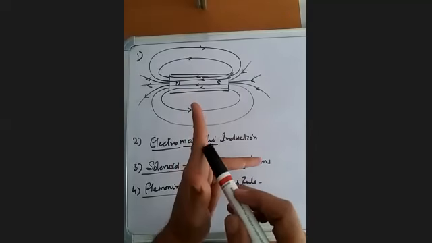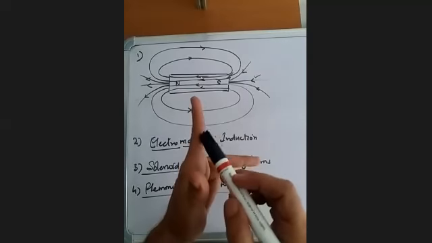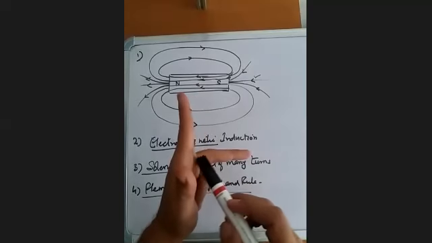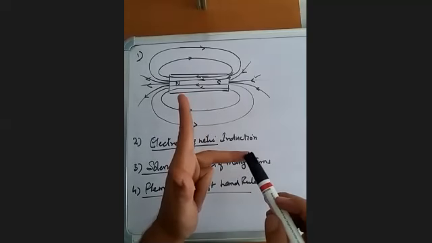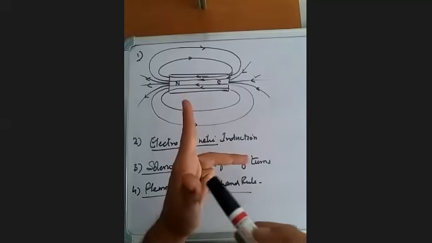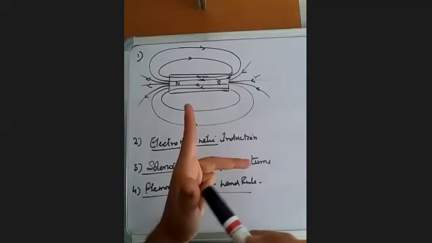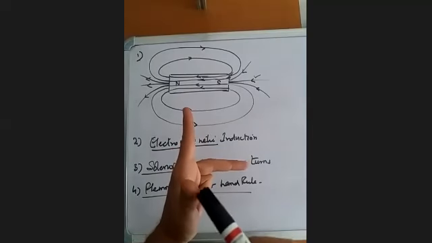Then if the first finger points towards the direction of magnetic field, the central finger points towards the direction of current, then the thumb will give us the direction of force acting on that conductor. Okay, force experienced by the conductor in the magnetic field.